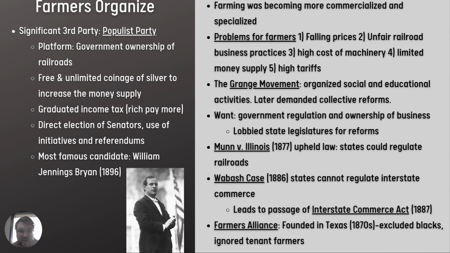You see a number of court cases that involve issues related to what the farmers are having. The Wabash case, the Munn v. Illinois. You have a movement of farmers called the Grange Movement, and this is more like a local community get-together type organization, but they will evolve into something more for a short period of time. But this is farmers trying to get together.